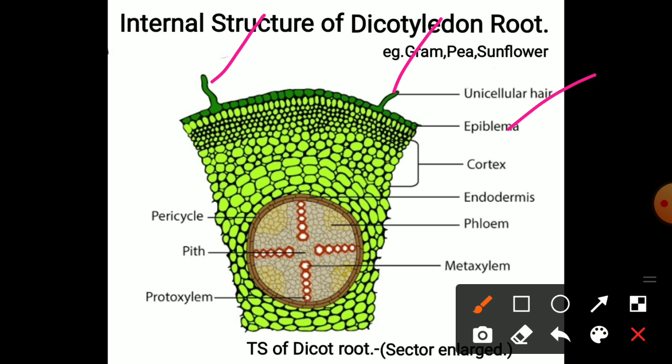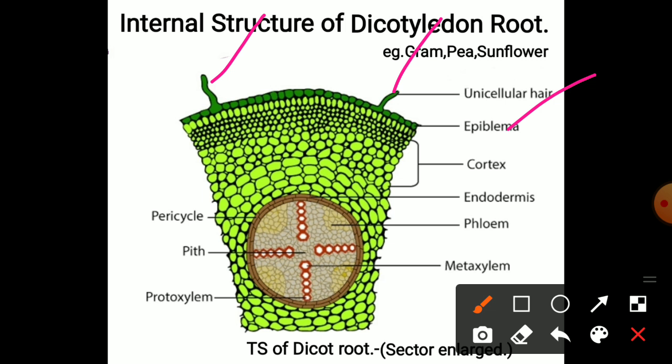The root hairs are helpful for absorption of water and minerals from the soil. So these are the absorptive structures developed from the epidermal cells, which are helpful for absorption of dissolved nutrients present in the gravitational water.